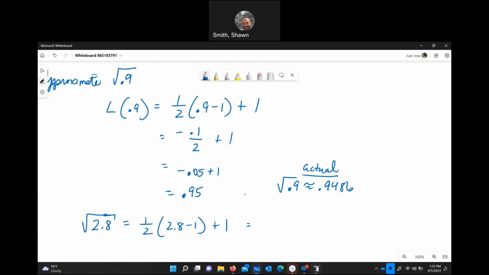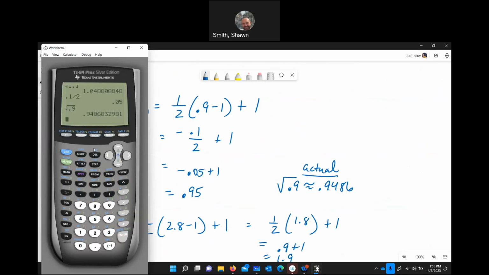So we got 1/2 times 1.8 plus 1. Half of 1.8 is 0.9 plus 1. That's 1.9. Is that close to the square root of 2.8? Probably. I mean, it's probably okay, but it's not as accurate as the others, right? So we got the square root of 2.8.